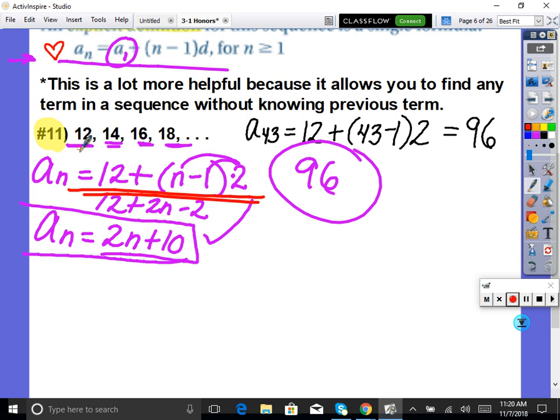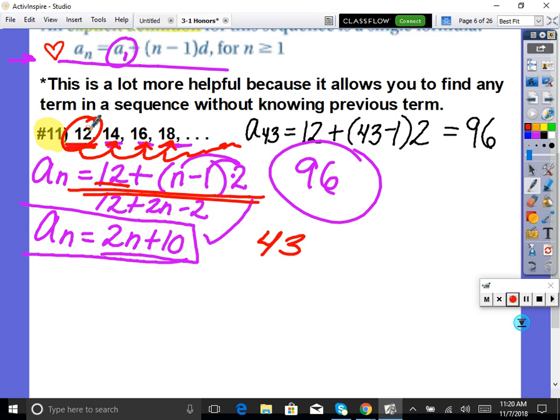We're starting with 12, aren't we? And then we have to add 2, add 2, add 2. I'm going to keep going, and how many more 2's am I going to need to add? Well, 43, guys. Starting with 12, how many 2's am I going to have to add? 42 of them, right?